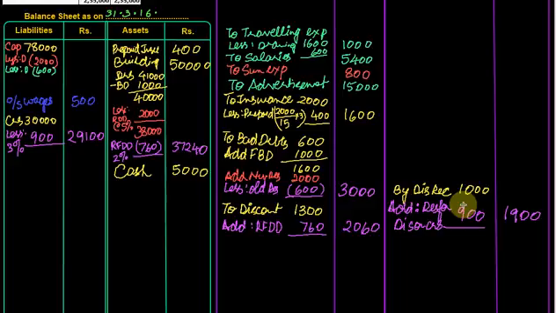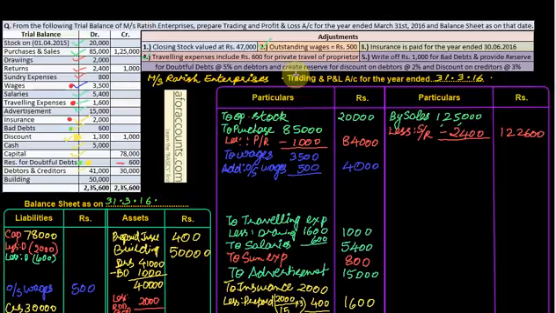Okay, and now the last but not the least point, we have to still mark closing stock. See, the fifth point is also done, and now the first point, closing stock valued at 47,000. So quickly write by closing stock.